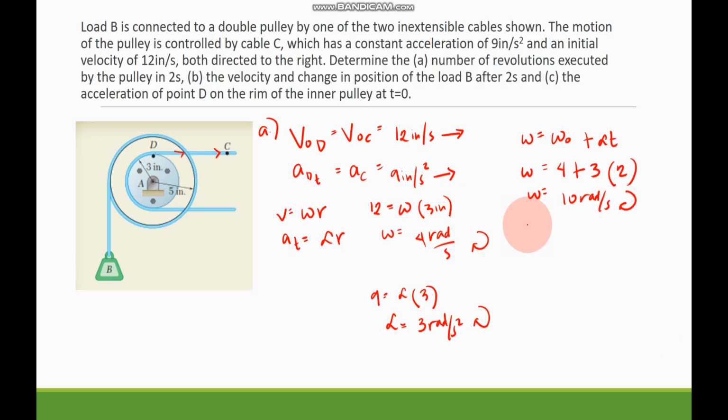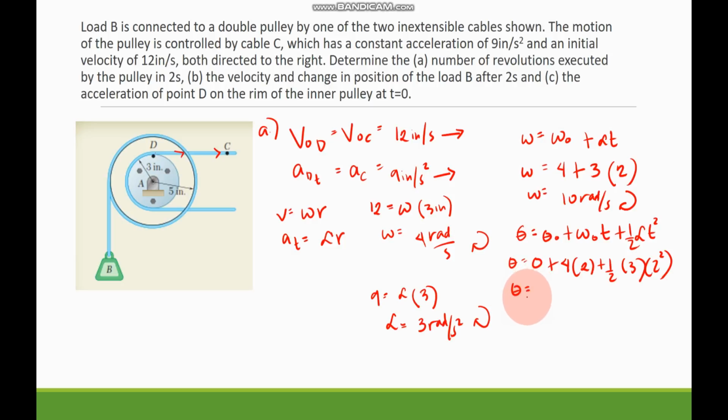And for the angular coordinate, we have the equation: angular coordinate is equal to the initial angular coordinate plus the initial angular velocity multiplied by time plus 1/2 angular acceleration times t squared. So we just substitute. The initial angular coordinate is equal to 0 plus the initial angular velocity 4 rad per second multiplied by time. The time being asked is 2 seconds, so 2, plus 1/2 times our angular acceleration, which is 3, times 2 squared.